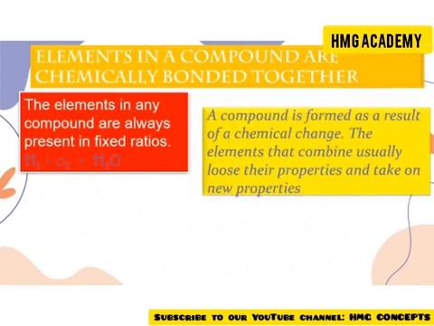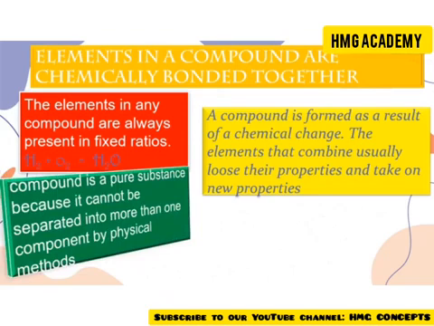A compound is formed as a result of a chemical change. The elements that combine usually lose their properties and take on new properties. A compound is a pure substance because it cannot be separated into more than one component by physical methods.